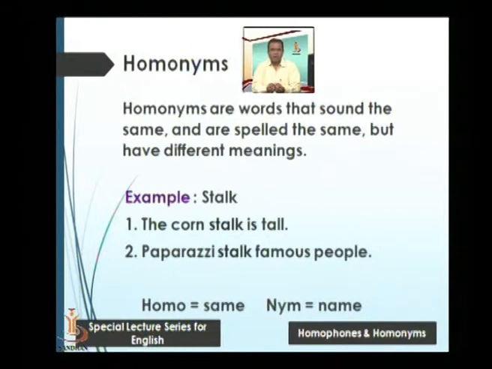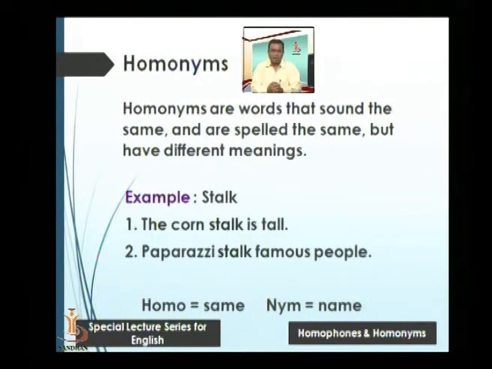You are referring to that particular plant of corn and talking about its stalk, the part where the leaf gets joined to its main body, and that stalk is tall.